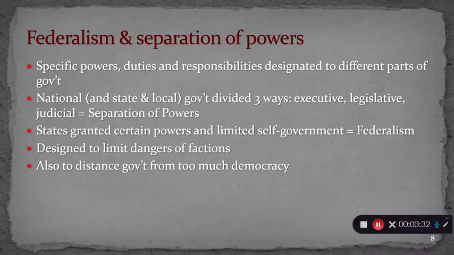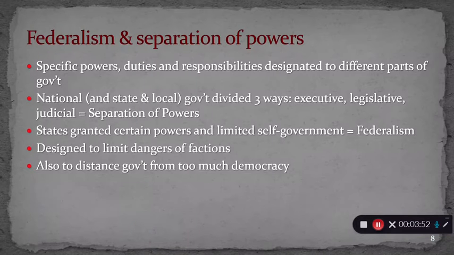Now, the idea of separation of powers affects other levels of government as well, right? Because at the state level, power is separated across the governor, who is the executive. In our case, in Ohio, it's called the General Assembly, which is the legislative branch.